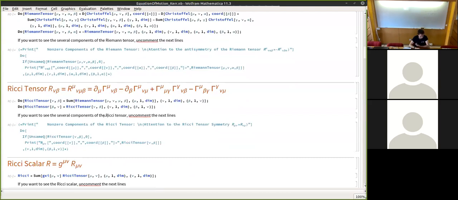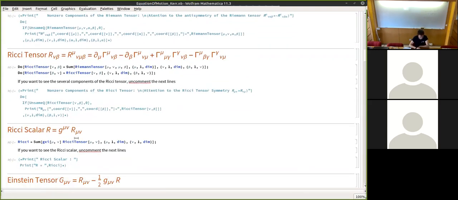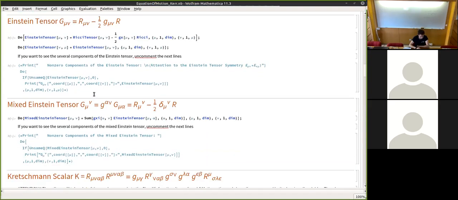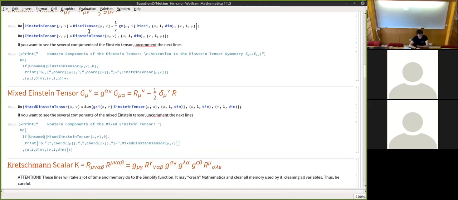With that, you obtain the Ricci tensor and finally the Ricci scalar. So you now have the Einstein tensor, which in this case gives the equations of motion. Here, instead of using the covariant form of the Einstein tensor, we use the mixed one, where one index is covariant and the other is contravariant.